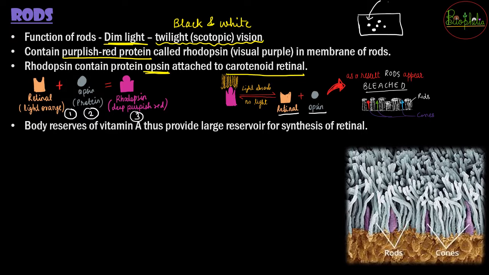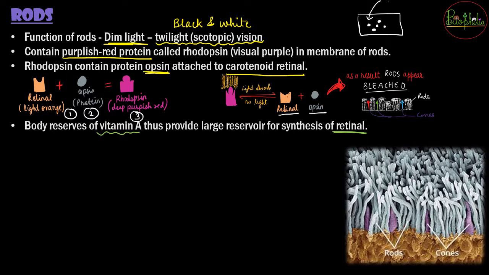So how is this rhodopsin going to be synthesized? So body में जो vitamin A होता है, this vitamin A is going to be a large reservoir for the synthesis of retinal. So retinal क्या है? Retinal is the component of rhodopsin, and rhodopsin is very important component of rods.